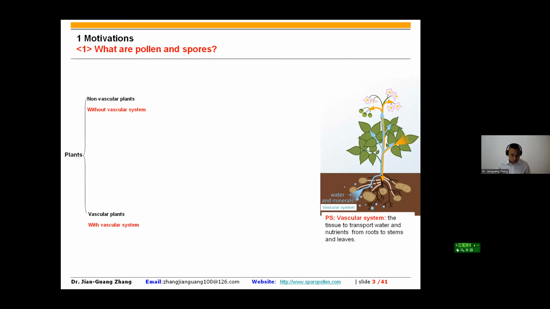To introduce what spores and pollen are, I would like you first to have a basic idea of plants. Based on the vascular system, plants are divided into non-vascular plants and vascular plants.